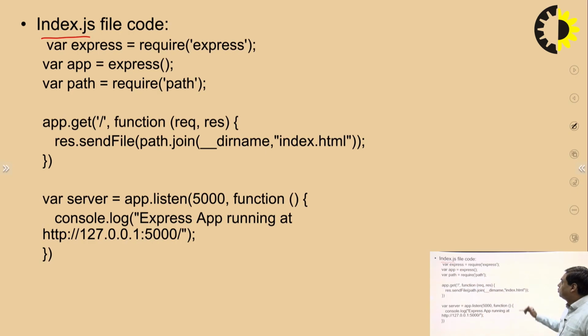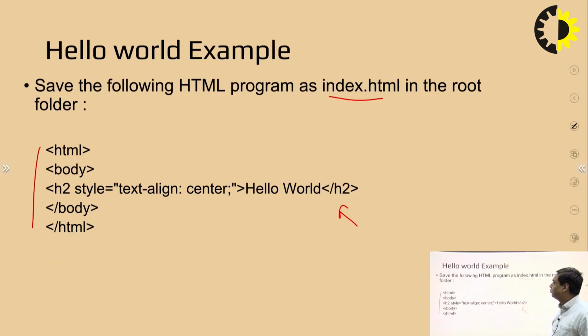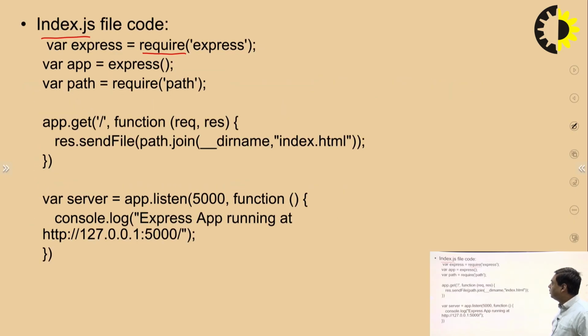Now to work with the Express framework, we need to import the Express framework in this file. So we have written require Express. The Express framework is already installed with the help of this command. Next, in this program, we are using this Express framework.